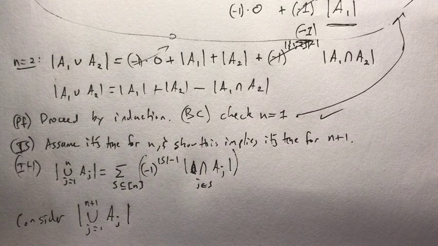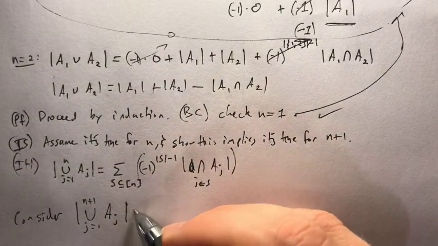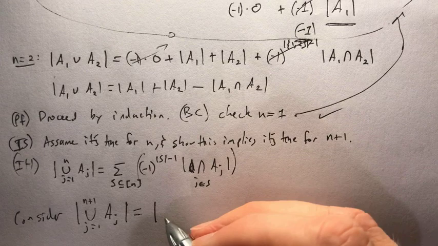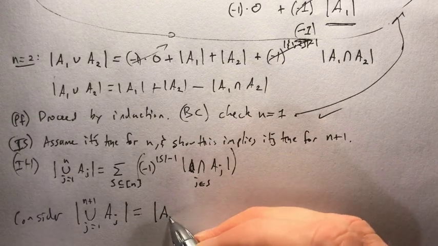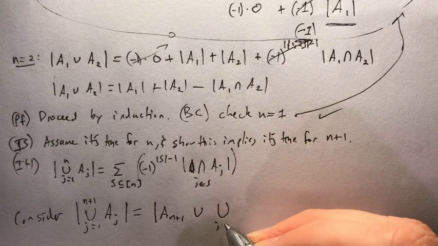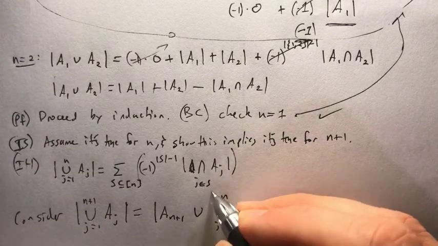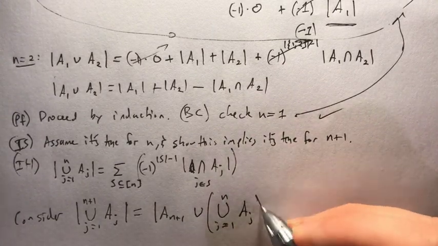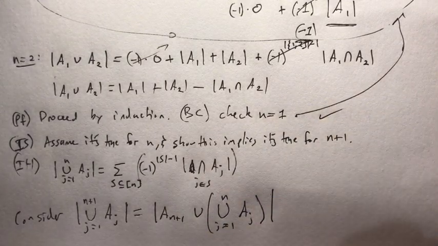There's A1 union A2 union A3, et cetera, up to An. And now I'm saying, suppose that I want to also compute this union if I'm throwing in another set, An plus 1. Well, this is equal to the size of A sub n plus 1 union the union that I already had, the union as j goes from 1 to n of the Aj's. This was the thing that I already had.